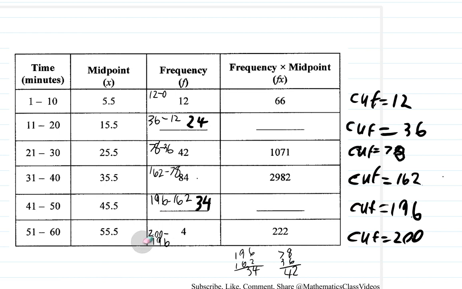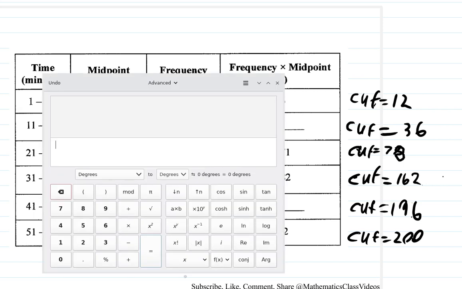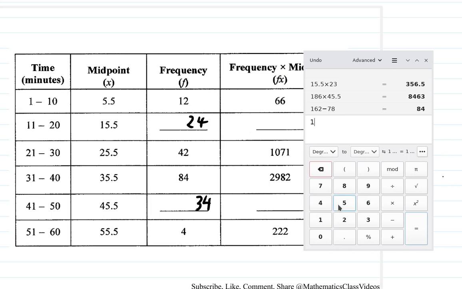Let me just take off the rough work now. So these are the numbers that we have here. Now, of course, we're going to multiply these. 15.5 by 24, what would that give you? 15.5 by 24 equals 372.